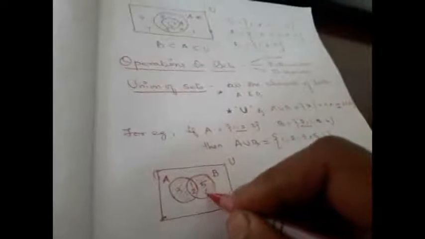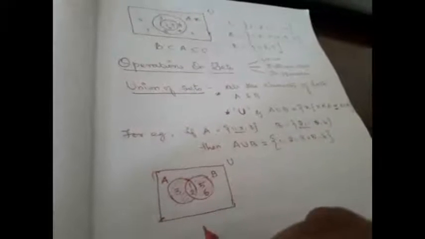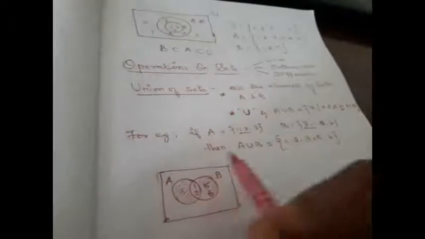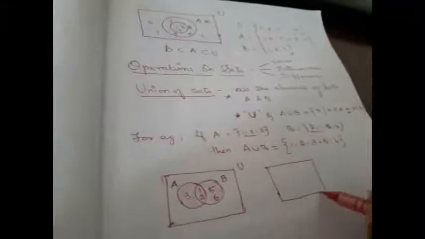So write the elements which are only available in set B. Right? If you want to represent numerical values in a Venn diagram, you have to represent them like this. But without any values, in general, there is a set A and B, then how will you represent the union of two sets?